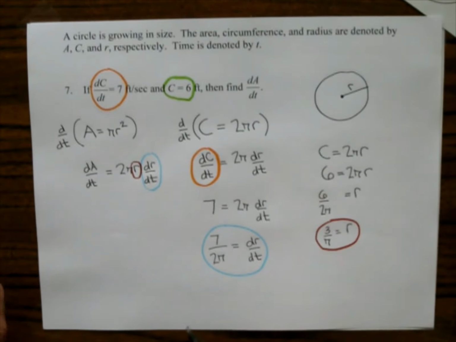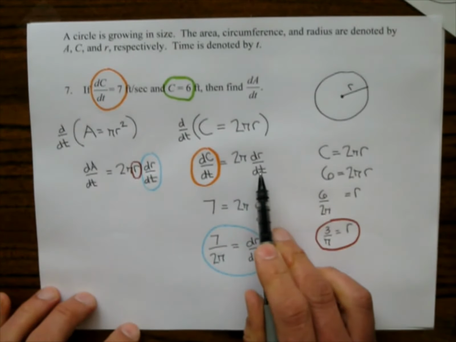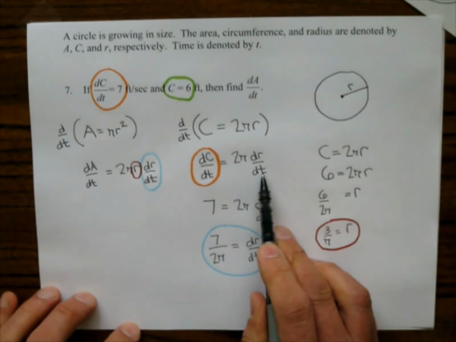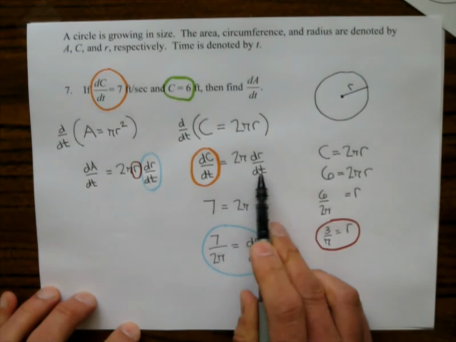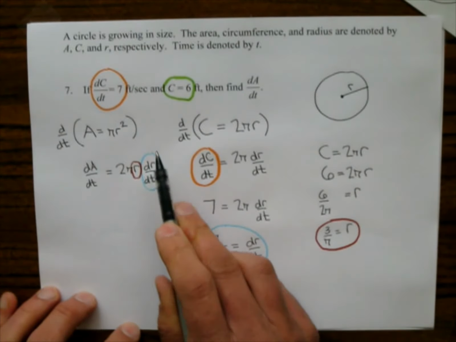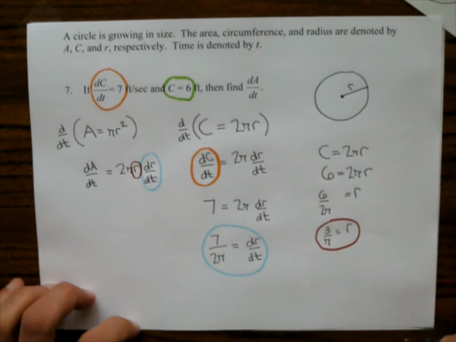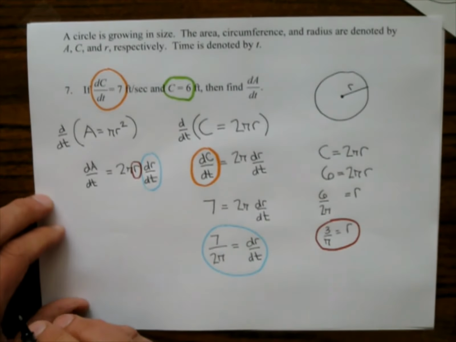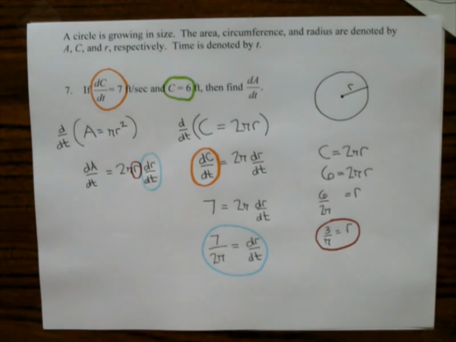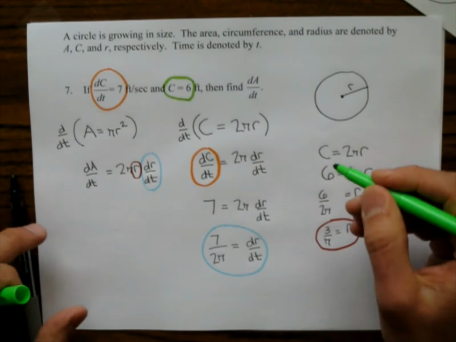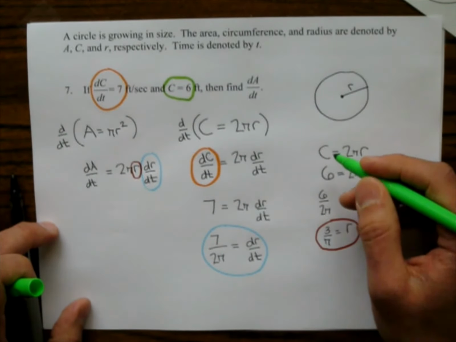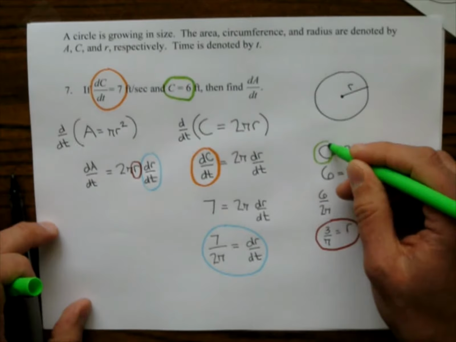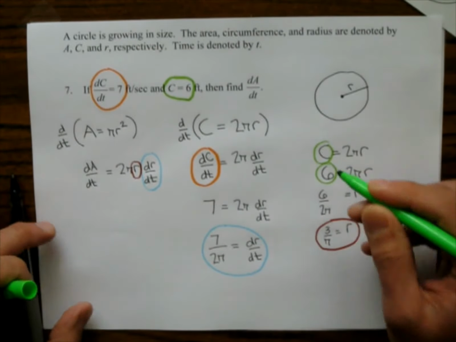Now some teachers would say, solve for dr dt here, without putting the 7 in, and then plug it back there, and then you can plug some values in. But I've thought about this a lot, and I think this is the simplest way. And using colors certainly helps. This is where we use the circumference of 6 to get the radius.